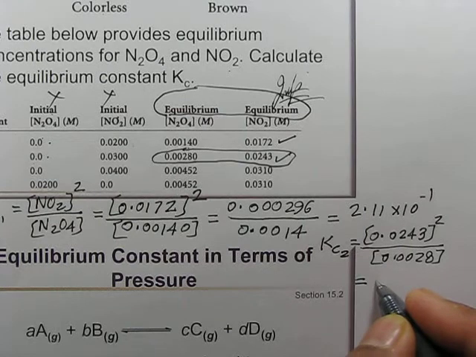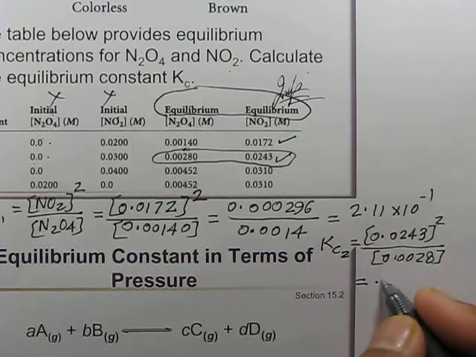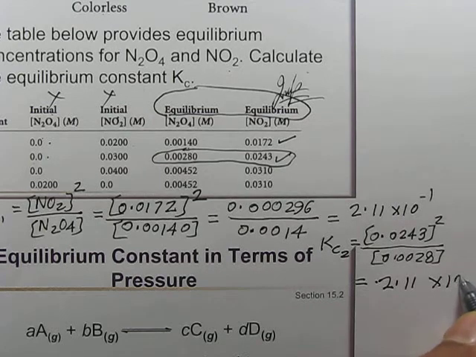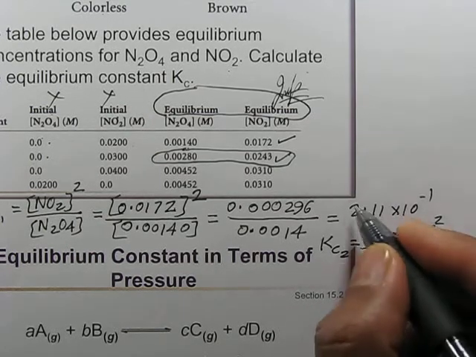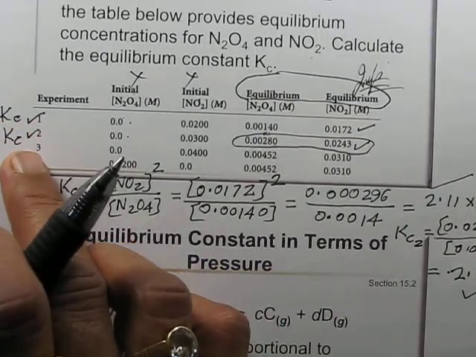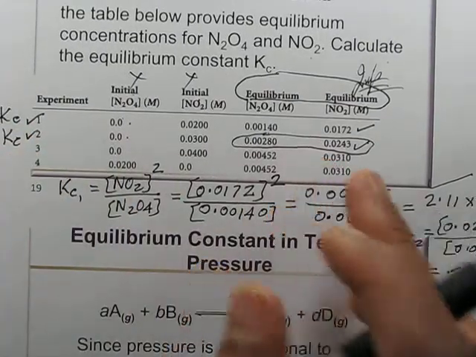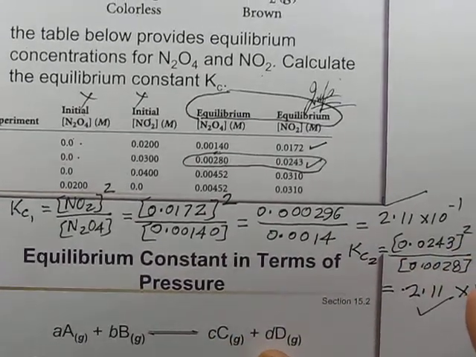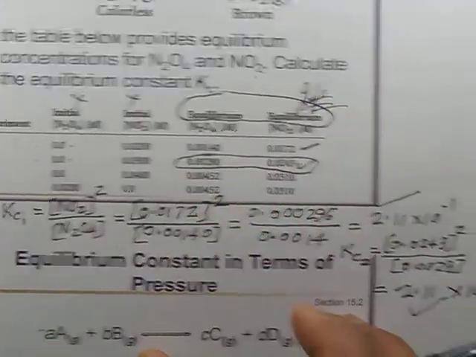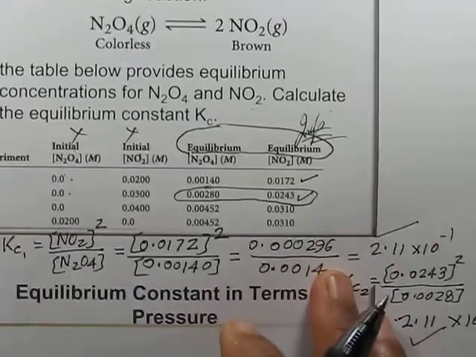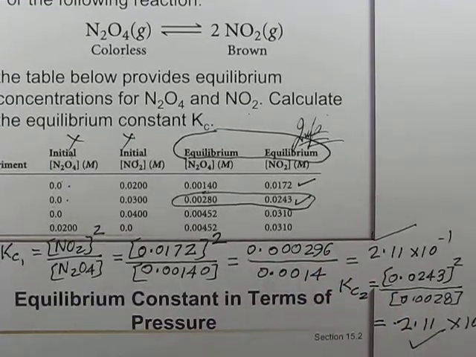Once we solve this math, we end up at the same value, 2.11 times 10 raised to the power minus 1. So you can see Kc in experiment number 1 and 2 is constant, which looks like we got the equilibrium. This is the way we calculate the equilibrium constant for any reaction. You have to include all the coefficients as powers and then do the math.